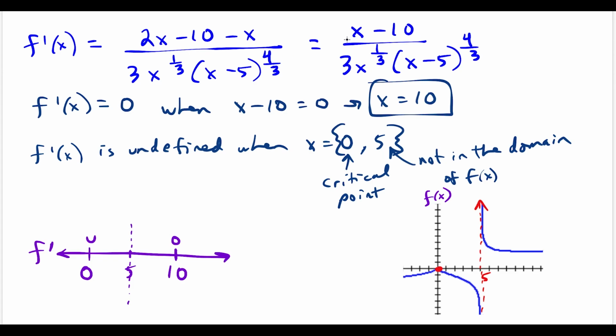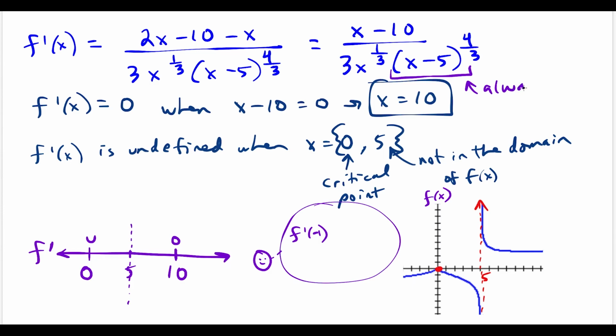So if we look here, I would just pay attention to this part here, that if you plug in something like -1, so this is more of a mental math thought process here, that if we plug in something like f prime of -1, notice I'm going to have a negative here times this term, I'm just going to point out, is always positive, except at x equals 5, but we're not going to plug in 5.